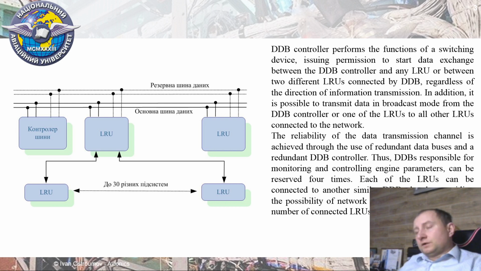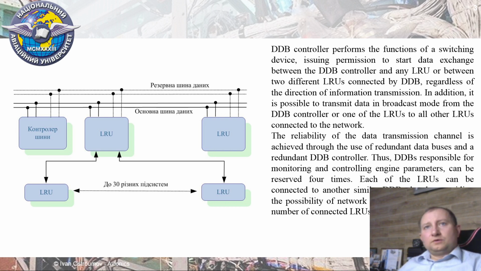As usual on board of aircraft, we use a reserved data channel. Thus, the bus controller usually supports a few buses for data transferring in parallel. It can use one primary data bus and one, two or three standby data buses, and all the data are transferred in parallel for LRUs.